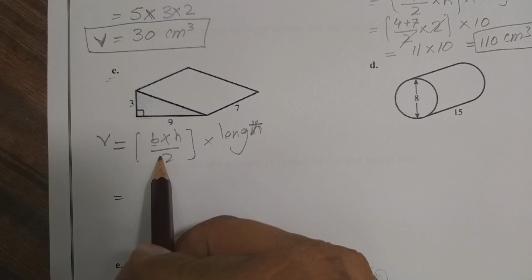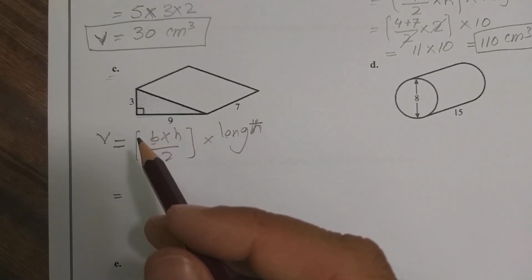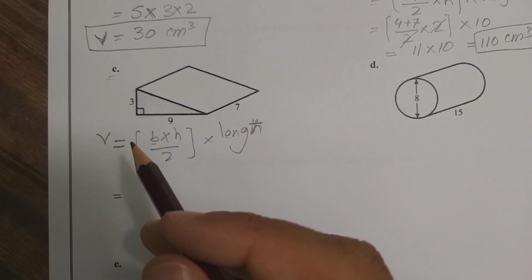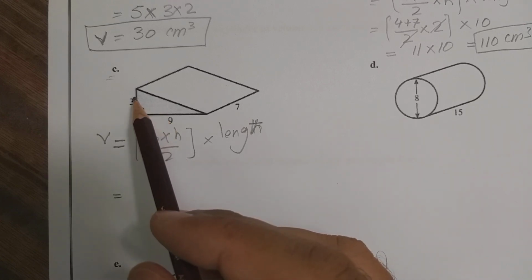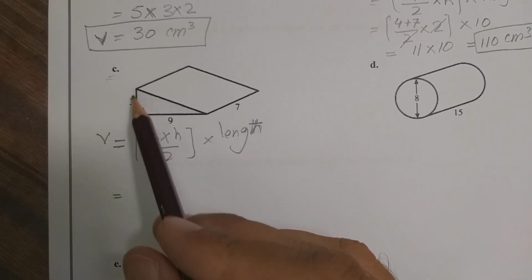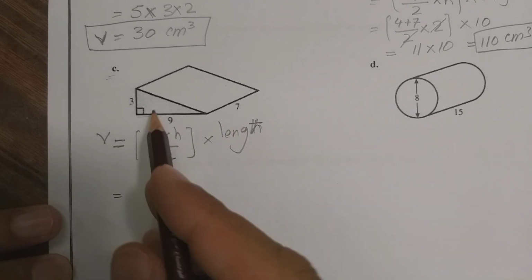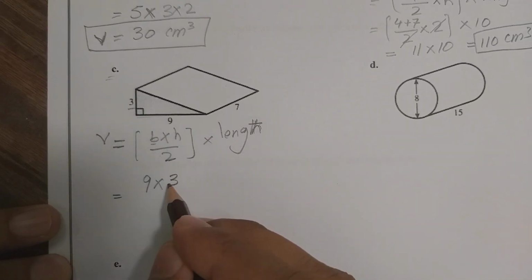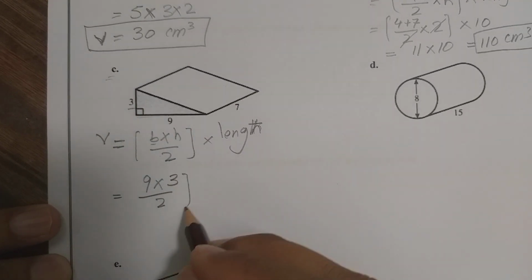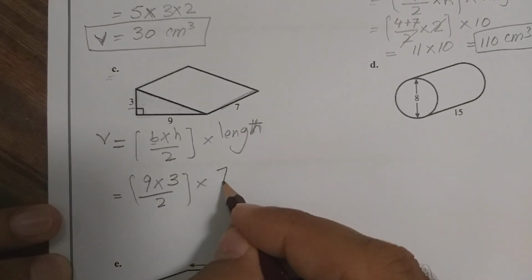If this is not a vertical height, we use the other formula: the area of the triangle is a times b divided by 2 times sine theta, the given angle. But since we are given the vertical height, we use base times height divided by 2 times the length. So base is 9, height of this triangle is 3, divided by 2, then times this length, which is 7.